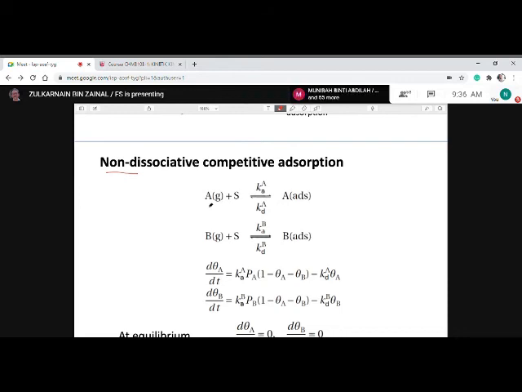So the gas adsorbs on the surface, and another gas comes and also adsorbs on the surface. There are two gases together, in their original form, with no bond breaking.